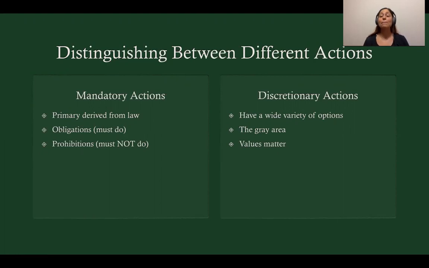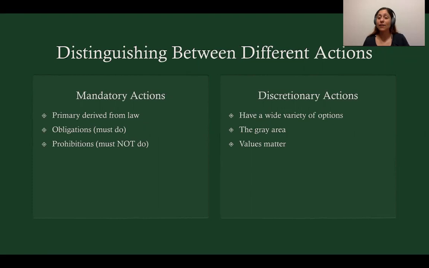Obligations are things that we must do, and prohibitions are things that we must not do. For example, an obligation in therapy is that we must obtain informed consent. There's a law that tells us we have to do that. A prohibition, we must not have sex with clients. This is illegal.